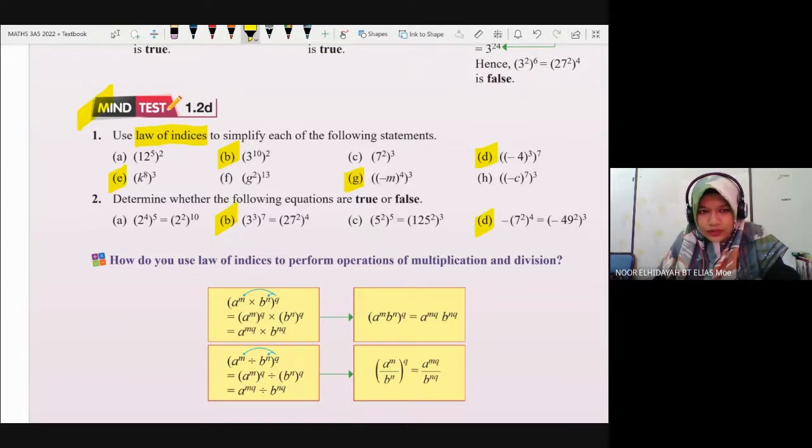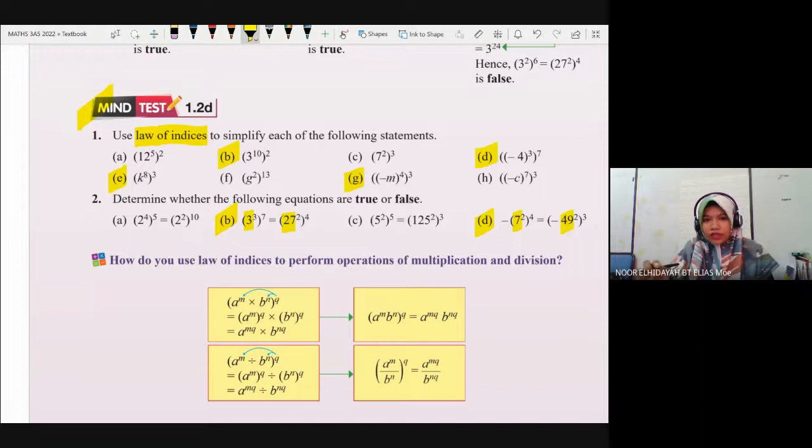Tadi cikgu dah tunjuk contoh macam mana nak selesaikan. Awak nak determine true or false, you have to compare the left hand side and the right hand side. Awak tengok sini contoh untuk this one base 3, this one base 27. Tadi cikgu dah tunjuk macam mana base 27 you change into base 3. This one pula 7 and 49.